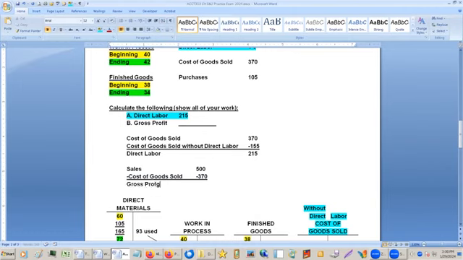So our gross profit, or sometimes called gross margin, same thing, will be 170. No, it won't be. It'll be 130. Let me check and make sure I did that right. Yes, it's 130.